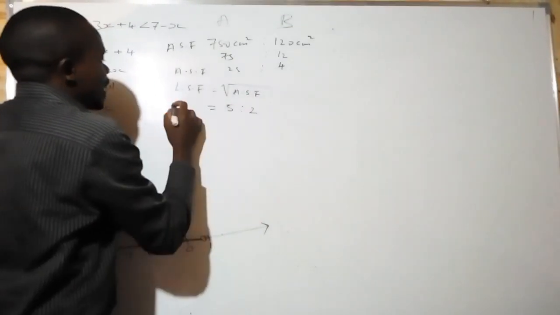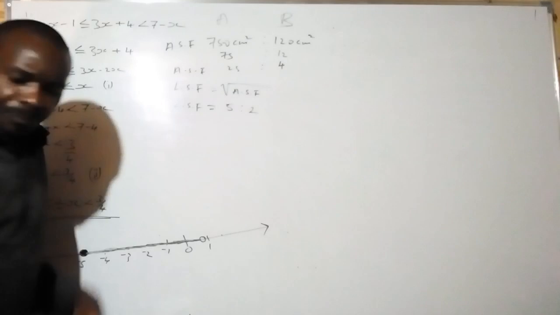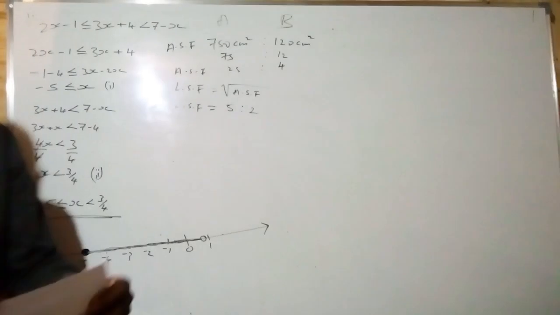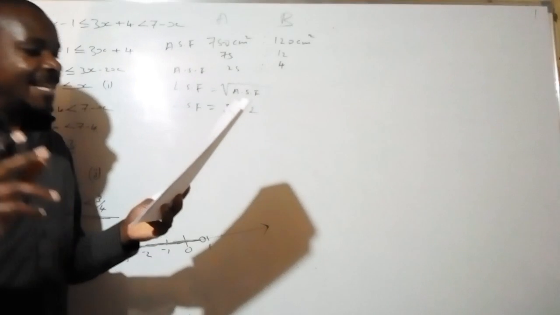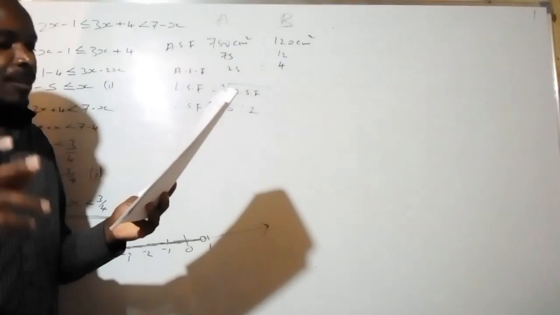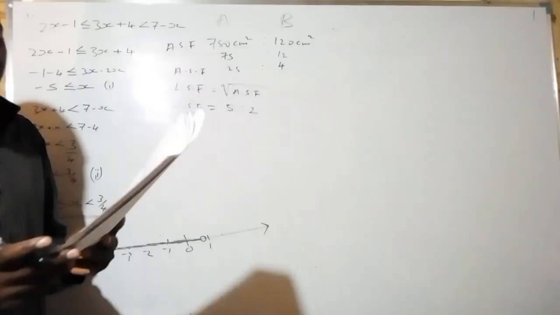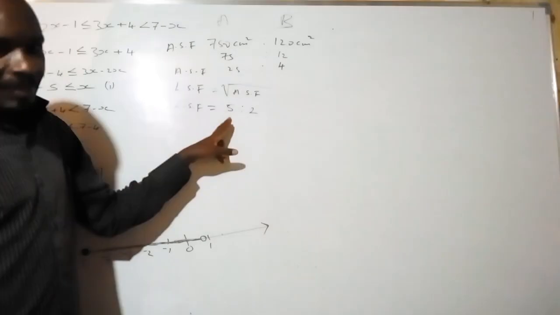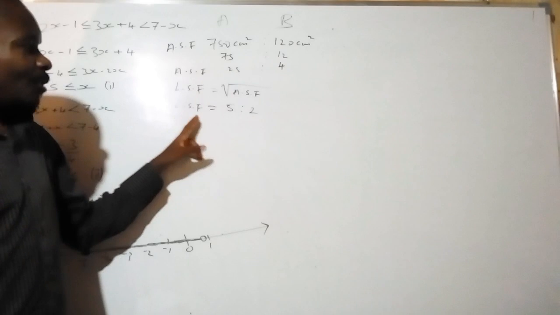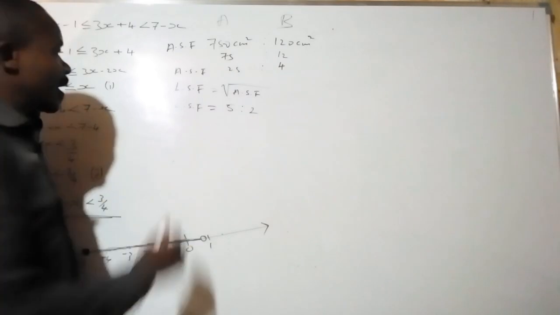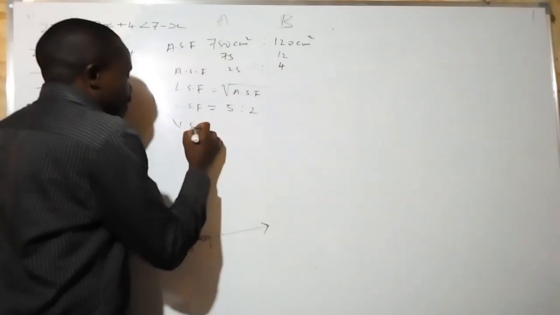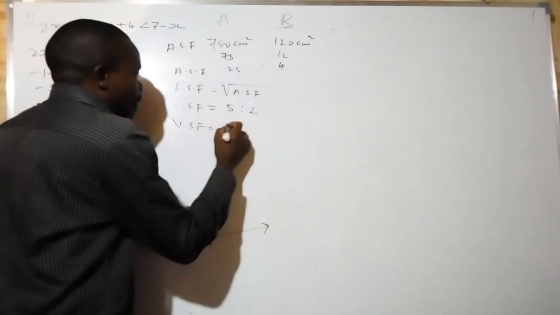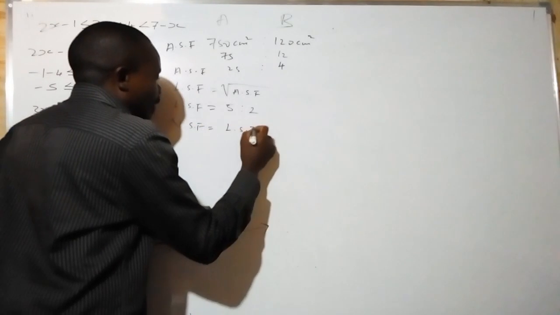We proceed. You've been told to calculate the volume of the larger container in liters, given that the volume of the smaller container is 400 centimeters cubed. Now to move from linear scale factor to volume scale factor, volume scale factor is equal to linear scale factor cubed.